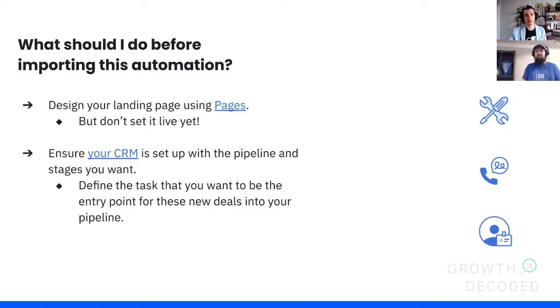Yes, such a great point. And we've kind of talked about this throughout the episode, is the idea of singularity as it pertains to landing pages, right? Having one landing page per campaign. So if you're making paid ads and they click through based on your paid ad copy, they don't come to a landing page that has nothing to do with what they just clicked on. Promising one thing, writing to one person, offering one thing. And then here is taking it even a step further, is even having a dedicated pipeline that would be specific to that campaign, right?